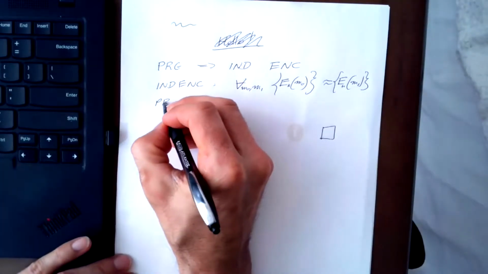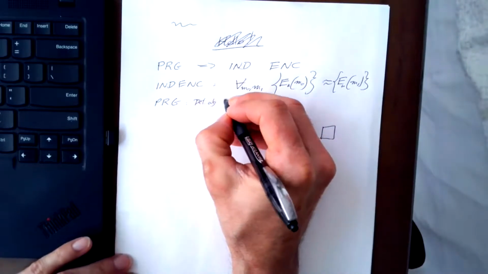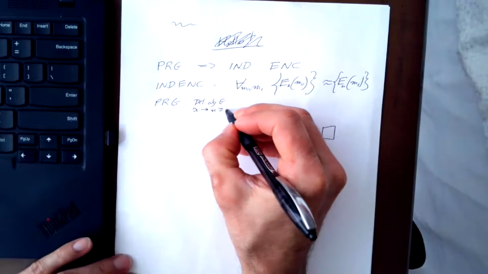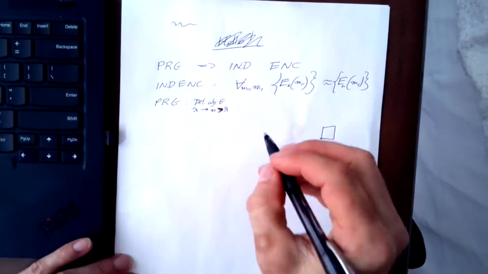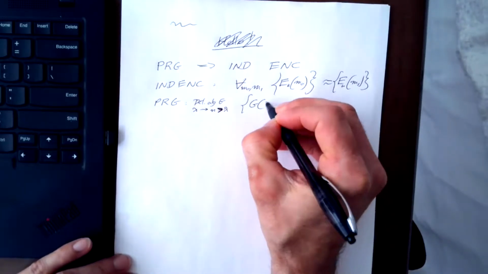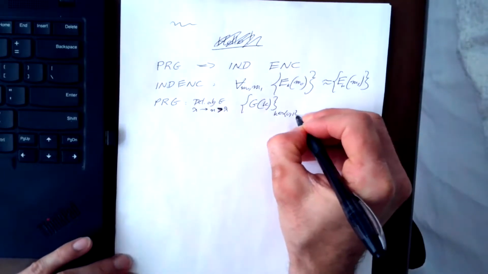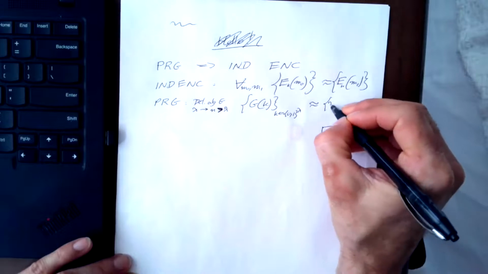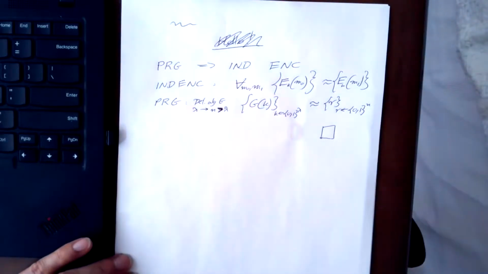And a PRG is a deterministic algorithm G that maps, say, lambda-bit inputs to n greater than lambda bits, it has to expand, such that the distribution of outputs of the PRG on lambda-bit inputs is indistinguishable from a random string of the same length. Okay.